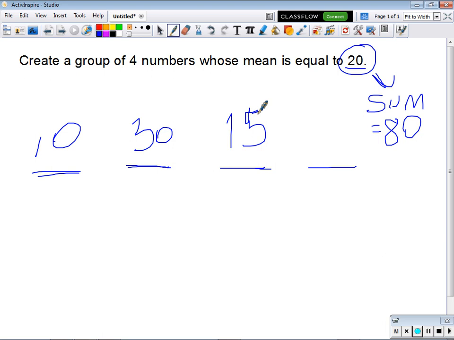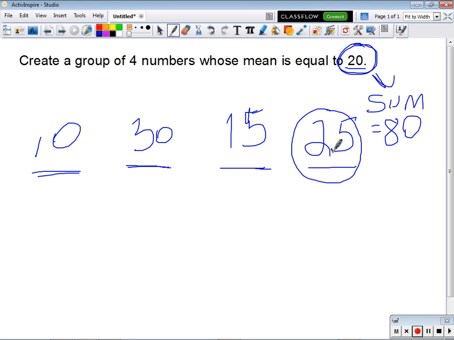However, when I get to the 4th number, I need to stop making numbers up and figure out what number I need so that the mean equals 20. I need the sum of these numbers to equal 80. 10 plus 30 is 40, plus 15 would be 55, so if I put a 25 here, that gives me 4 numbers whose mean is 20.